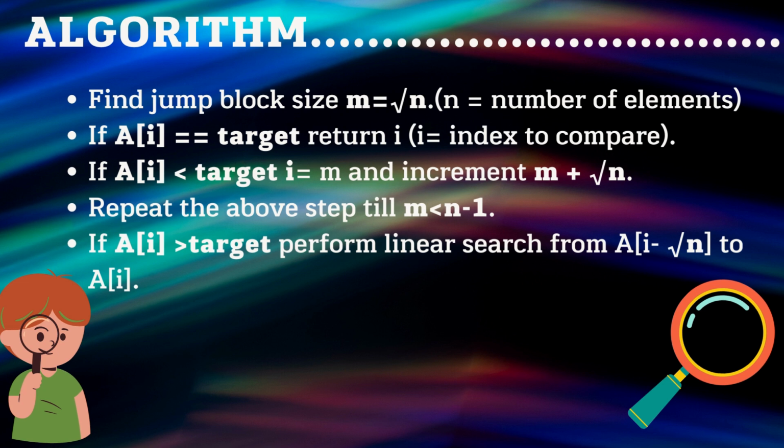Then repeat it till m is less than n minus 1. Next, if A[i] is greater than the target, then perform the linear search from index i minus square root of n to the index i. We will show you an example and further elaborate on it so that you can understand it better.